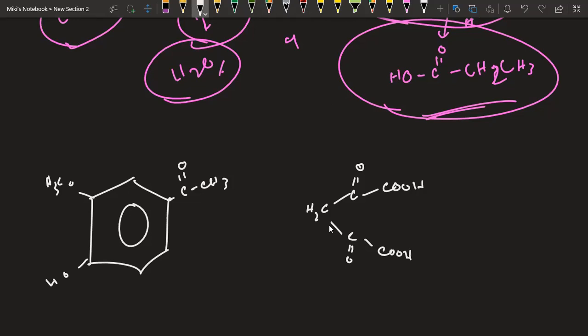So these are the molecules here. There should be 2 of them, and only 1 of the other.